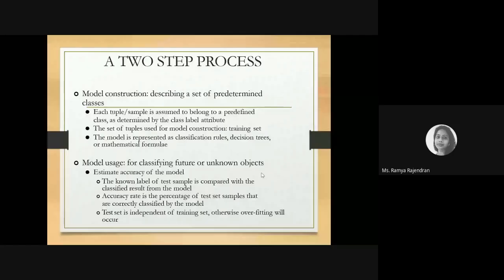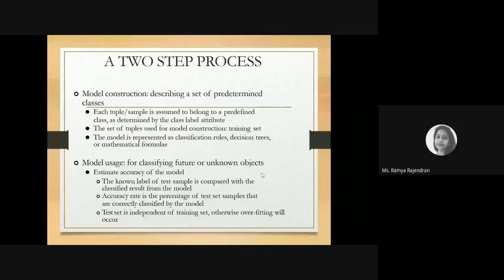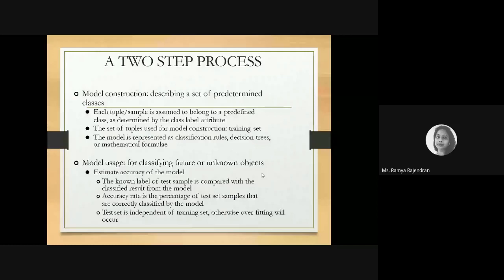You'll use accuracy, specificity, and other measures to find out whether the model is performing well or not. We always have to use a separate test set from your validation and training set, so that you have a very good model. Otherwise, you'll have an overfitted model. All these basic assumptions remain the same.